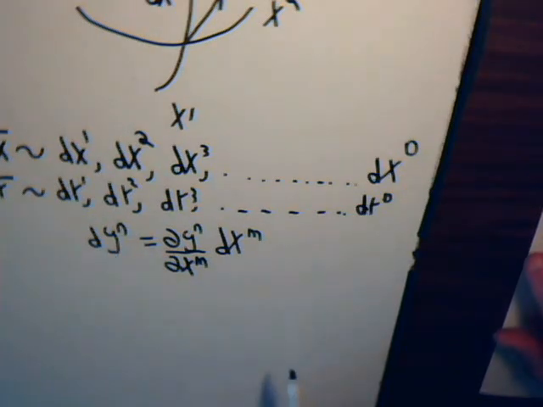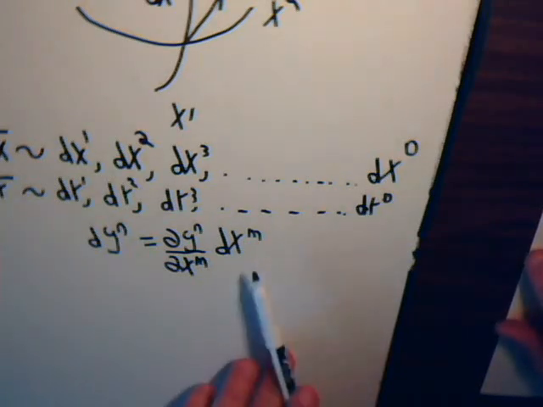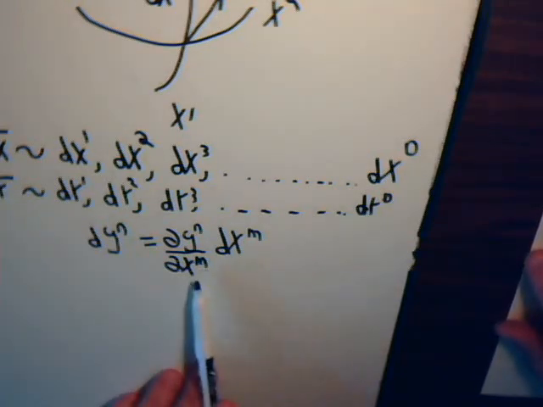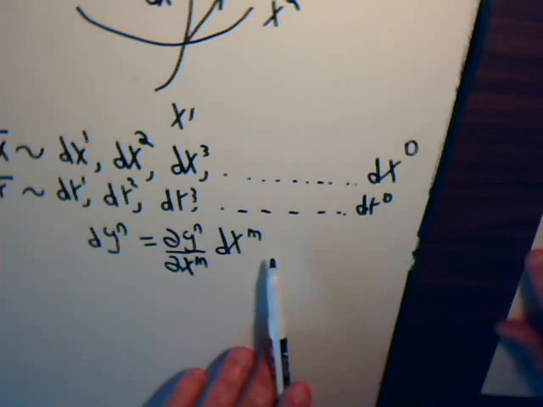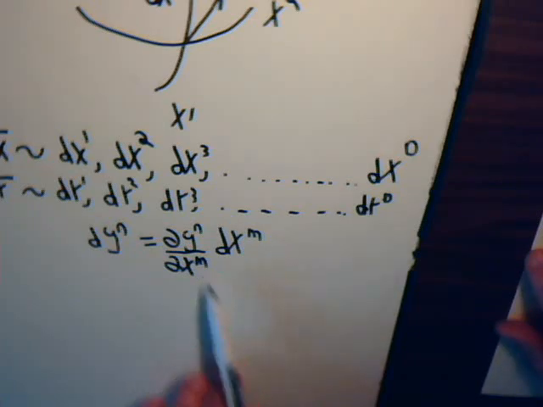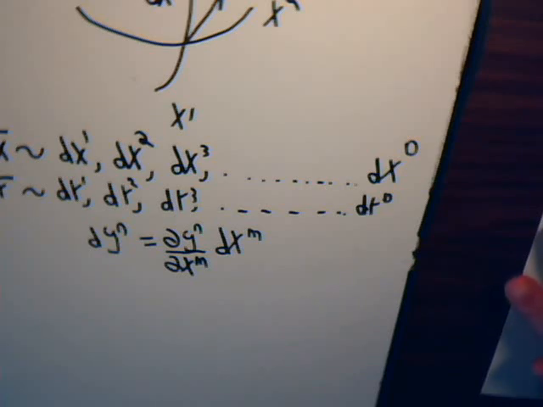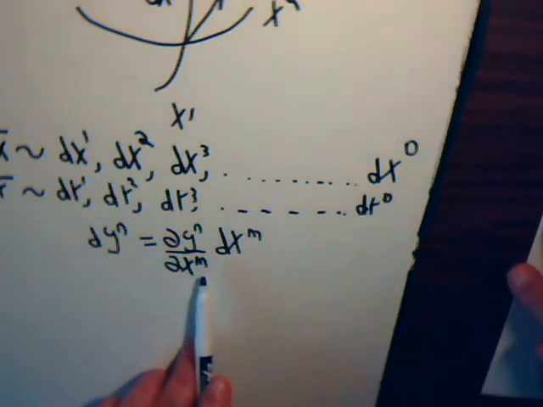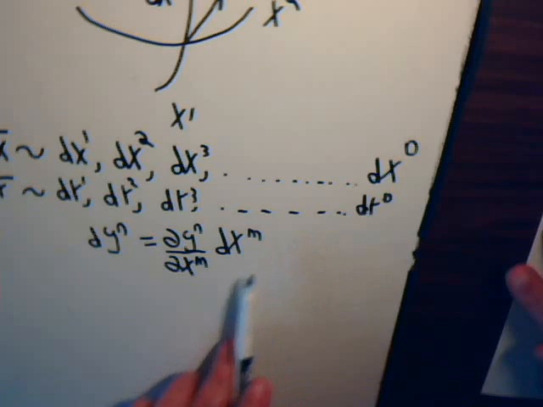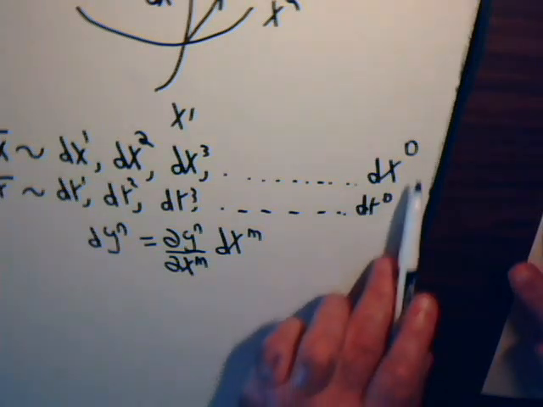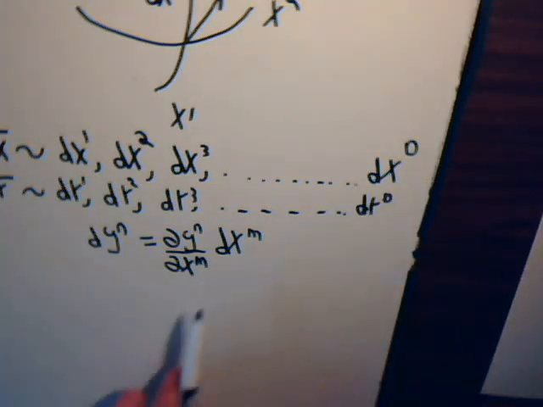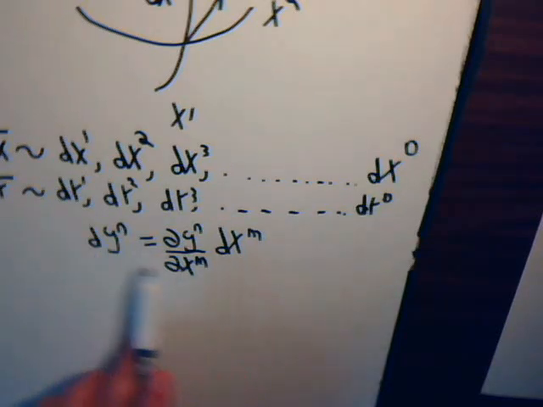And we notice that when we have a repeating index like this, in each case it's a superscript, but down here it's in the denominator, so we have an upper-lower repeated index that automatically means we're summing over that index. So m equals 1, then m equals 2, then m equals 3, all the way out until m equals d.